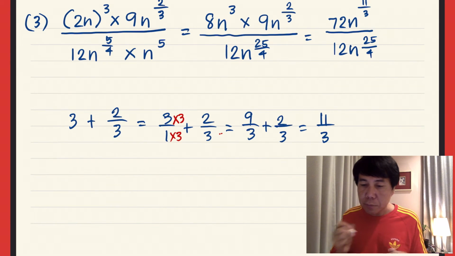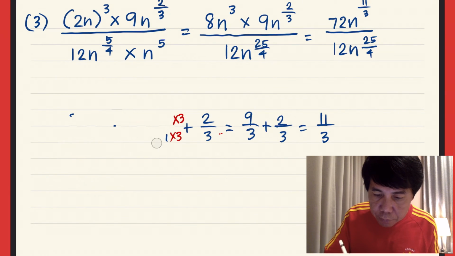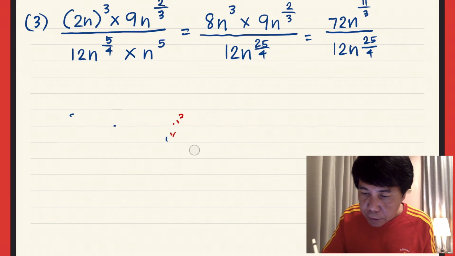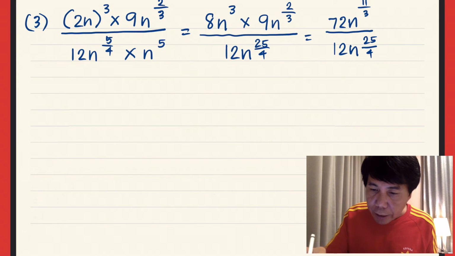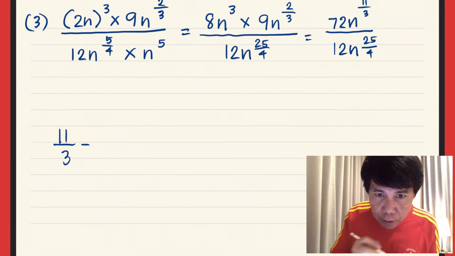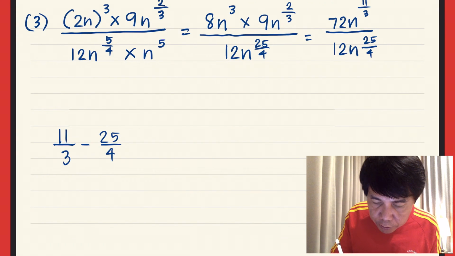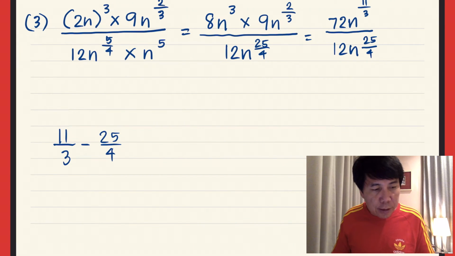Okay, now let us subtract the exponents. So we have 11 over 3 minus 25 over 4. In this case, we can make the denominator 12.